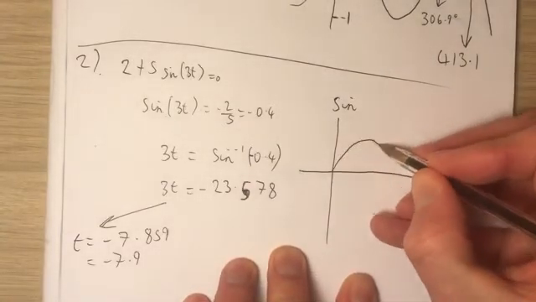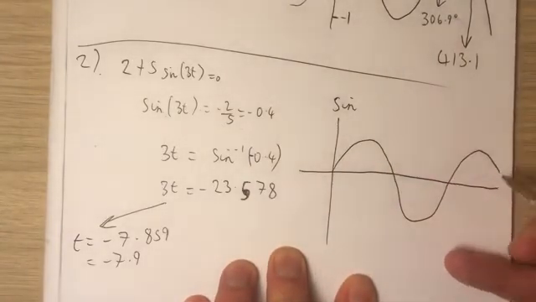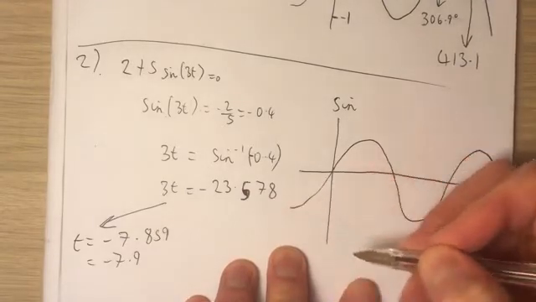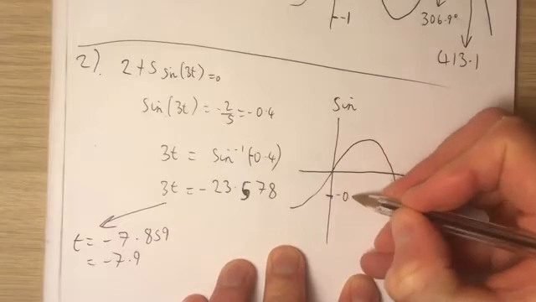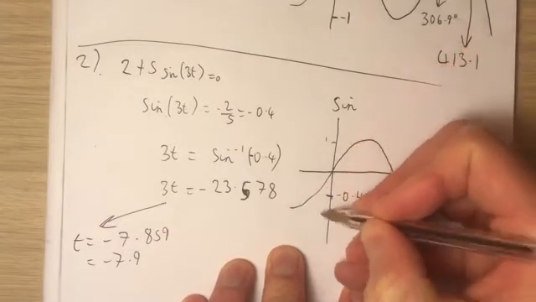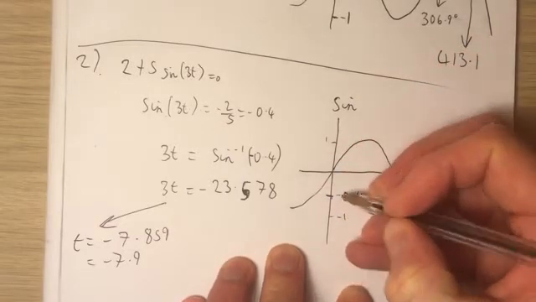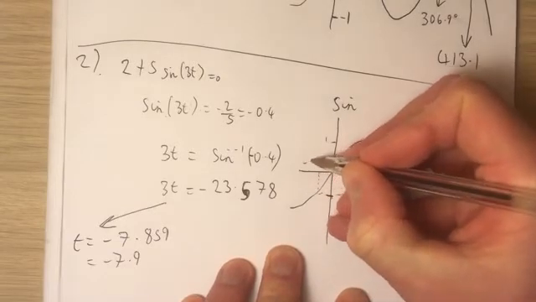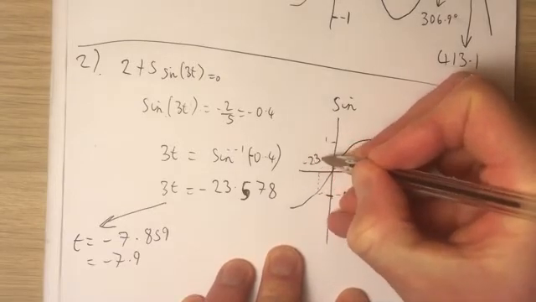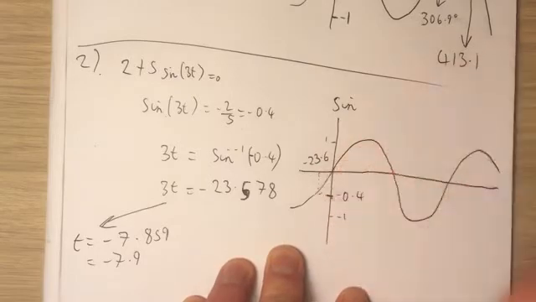So, sine looks like this, and it keeps going, and it keeps going. Okay, we are looking for negative 0.4. Of course, it's 1 at the top, and it's minus 1 at the bottom. And we are finding that the answer, apparently, is minus 23.6, so you can see it more easily.